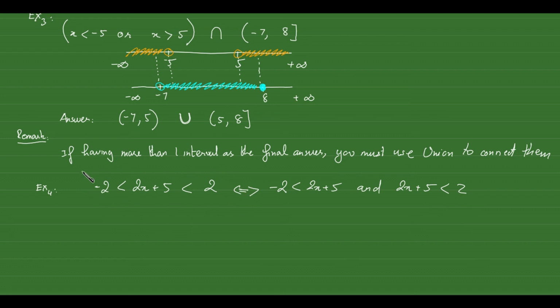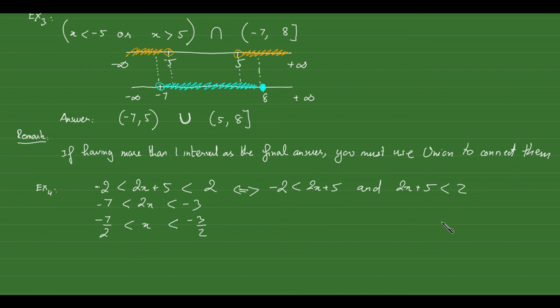Okay, got it? So how are we going to solve it? You just go ahead and subtract both sides by 5, so you get negative 7 less than 2x less than negative 3, and you divide it by 2, so negative 7 over 2 less than x less than negative 3 over 2.